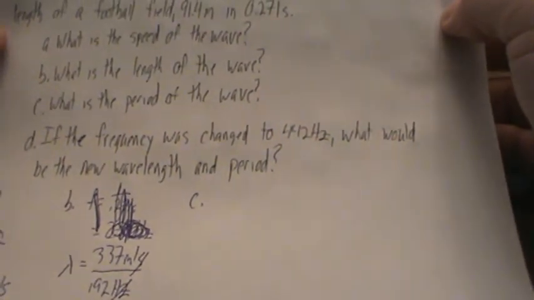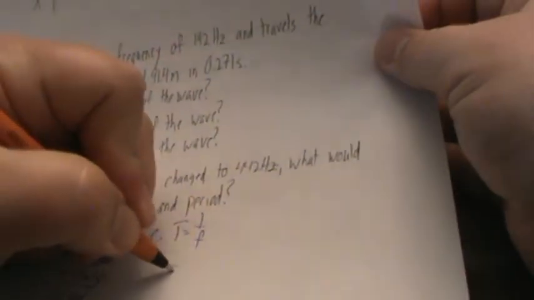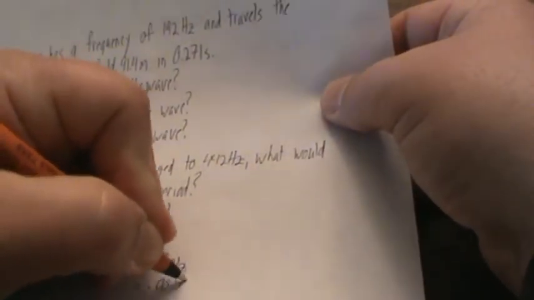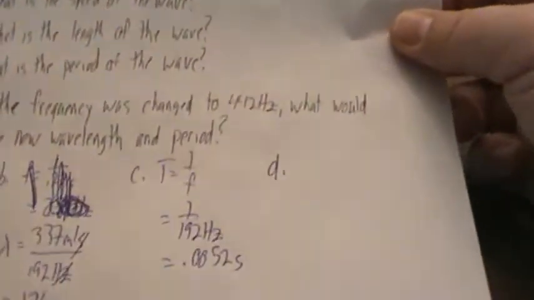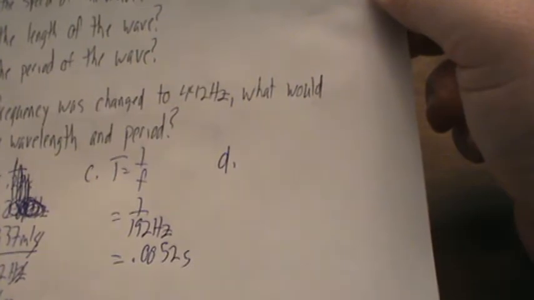C was the period of the wave. Period would be 1 over F, so 1 over 192 hertz. I'm coming up with a period of 0.0052 seconds. Now D. If the frequency was changed to 442 hertz, what would the new wavelength and the period be?